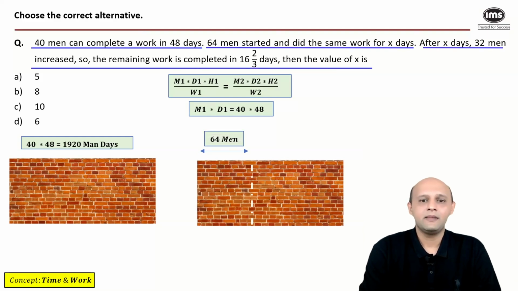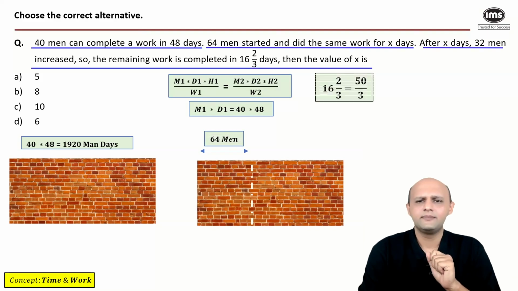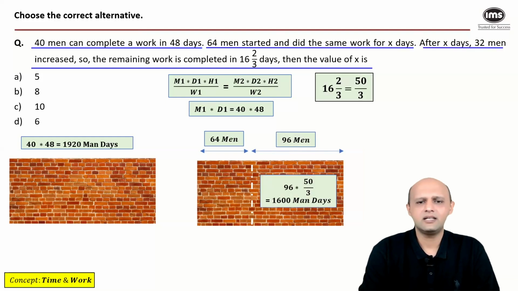So basically, making it 96 men doing the remaining work in 16 2/3 days. What's the equivalent of 16 2/3? It is 50/3. So these 96 men are working for 50 by 3 days in which they complete the task.